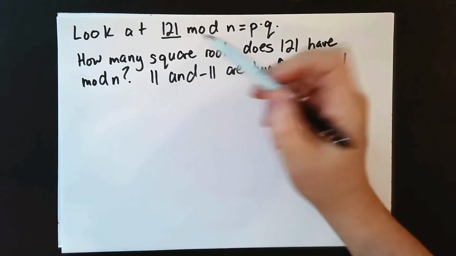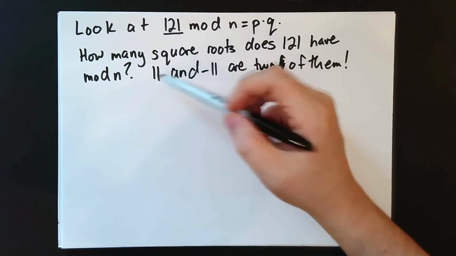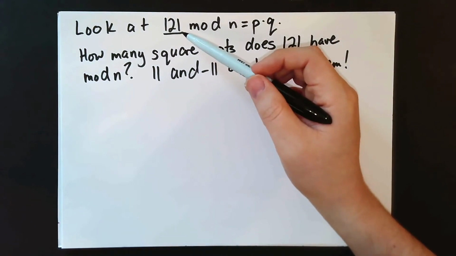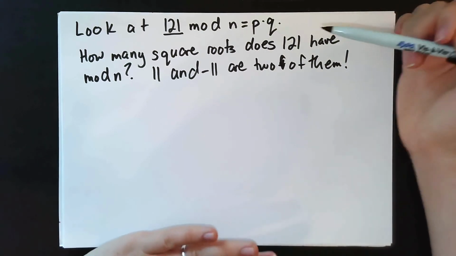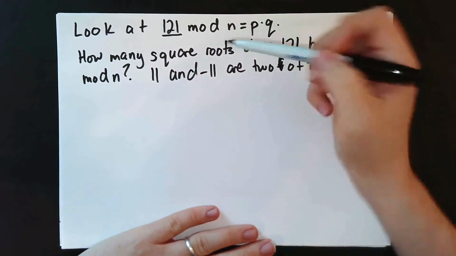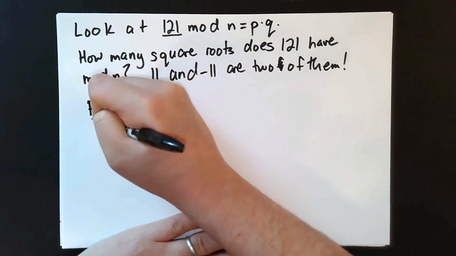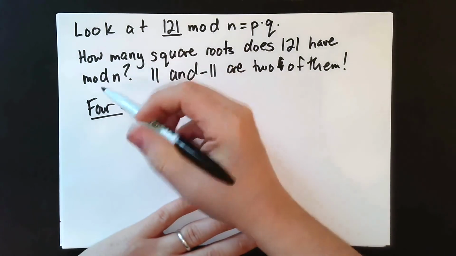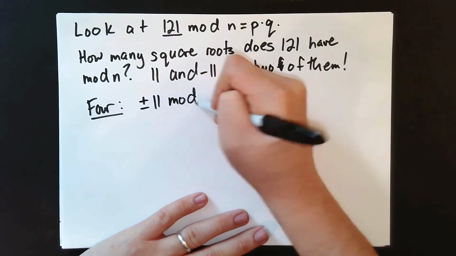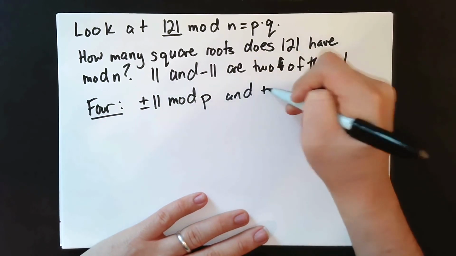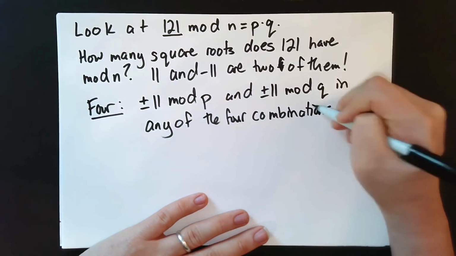But, in fact, if you look back at the example, what we did was really to find an extra square root of 121. And if you think back to the Chinese remainder theorem, we actually know that there are two more square roots of 121, and in total, there are 4. And where do we get the 4 from? It's because the square roots are plus and minus 11 mod p and plus and minus 11 mod q in any of the 4 combinations.